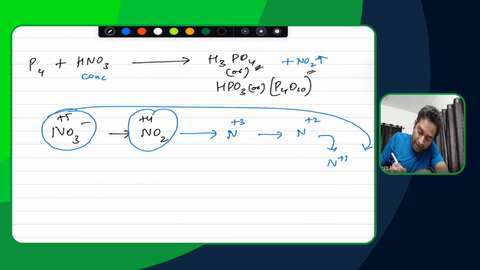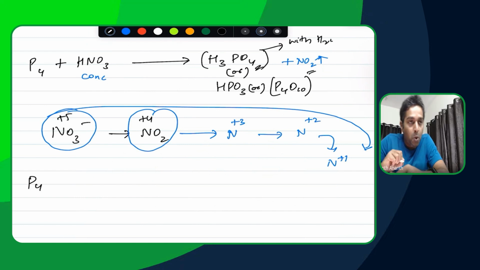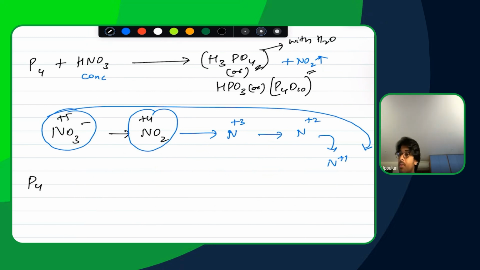If I have concentrated, the problem is this though. Do I have water or do I not have water? No, we don't have. Good. So will I get H3PO4 really? H3PO4 is with water, correct? What do you think I'll be getting?